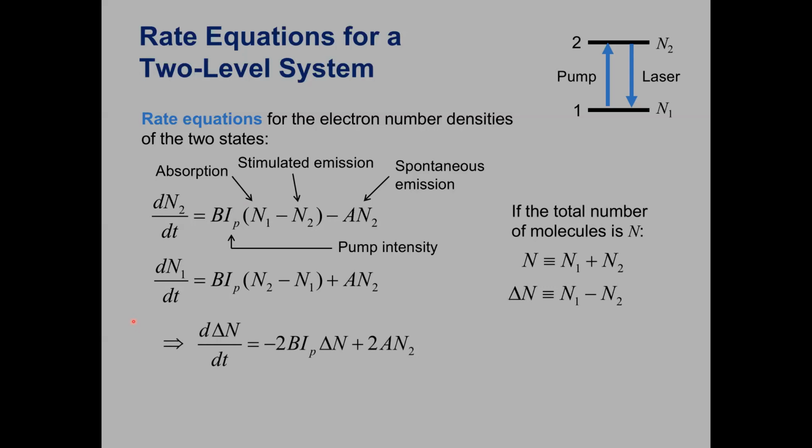And again, it's just subtracting these two, taking dN1/dt minus dN2/dt to get d(delta N)/dt. And we could rewrite N1 and N2 all in terms of N and delta N. So the end goal here is a differential equation for how the population inversion is changing.